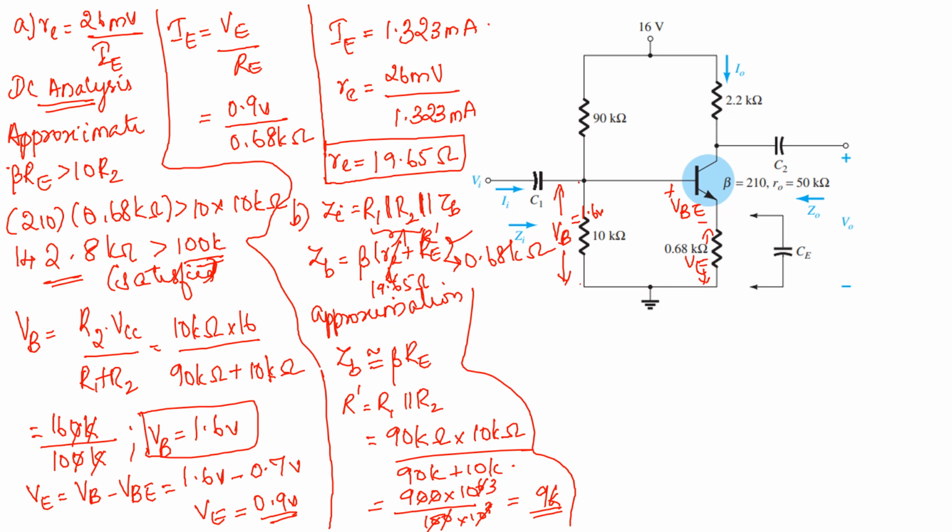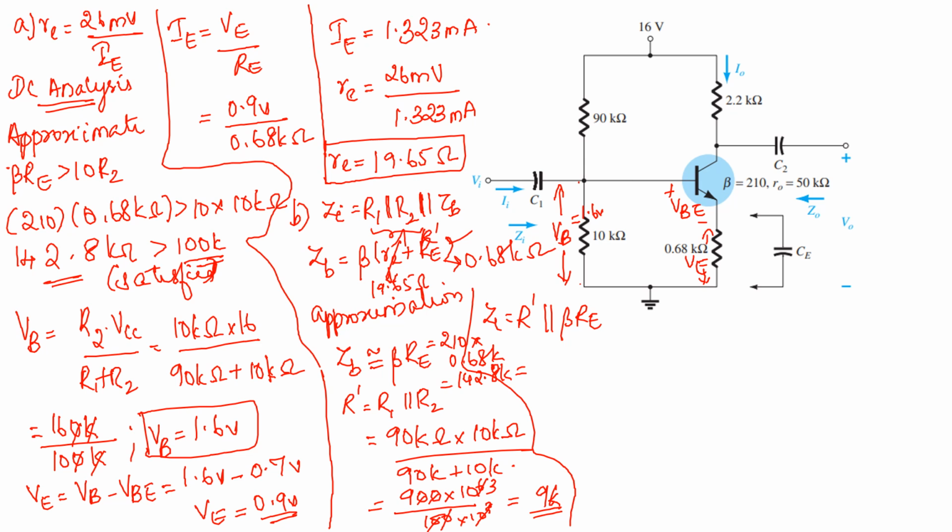Now Zi is equal to R dash parallel to beta into capital RE. So you have to find out what is beta into RE. So beta into RE is equal to 210 into, what is your RE? 0.68K. So you will be getting 210 into 0.68K, which is equal to 142.8K.